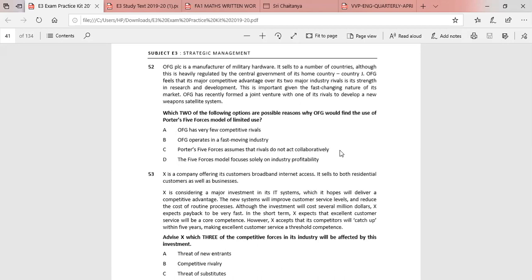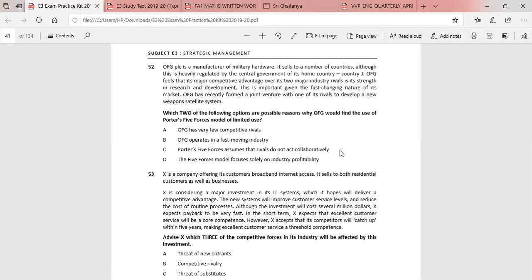Option A, OFG has very few competitive rivals. Even if they are few, if their strategies are strong, there will be a threat of competitor rivalry. So we cannot say that it is not applicable where the competitive rivals are few in number.